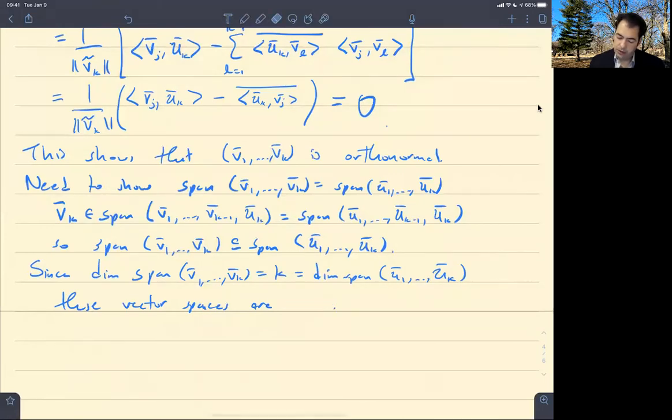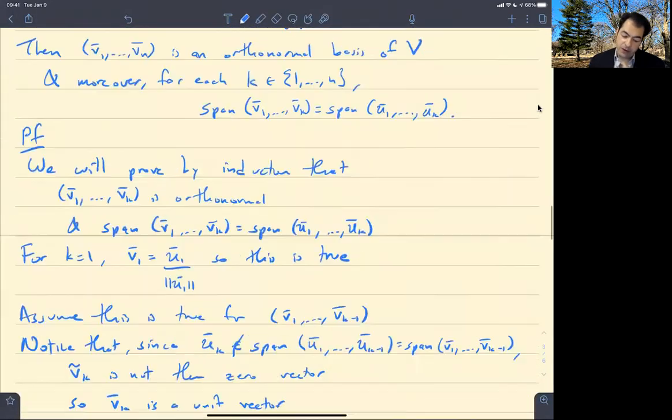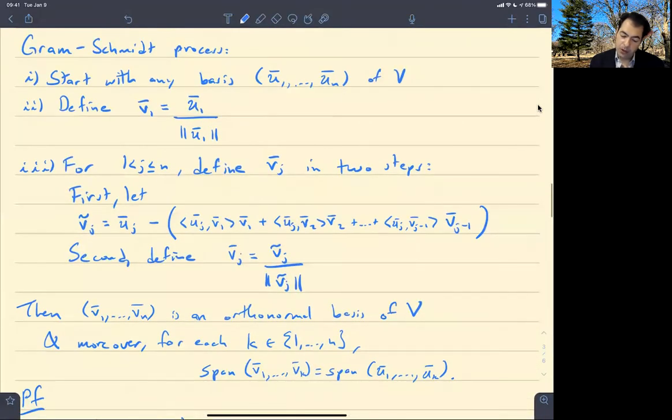These are the same vector space, because I have a subspace of the same dimension as the total space. So as we've seen before, that means it has to be equal to the total space. Okay, so we're done with the proof. What we've shown is that this algorithm, the Gram-Schmidt algorithm or process, starts with any basis you like and then produces an orthonormal basis of the vector space.